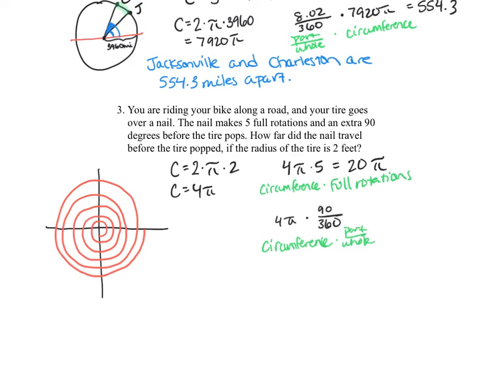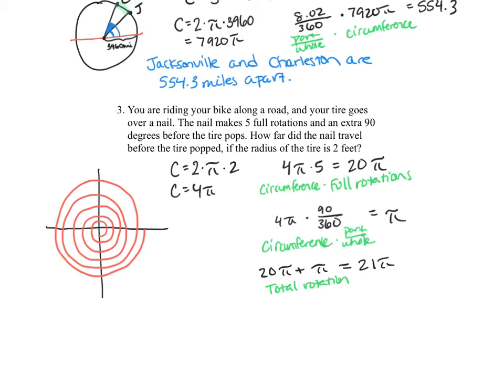We know that 90 degrees is 1/4 of our circle, but this is how we get that fraction. If we do that, that's going to give us just pi. So if we do 20 pi plus pi, to find the total rotation, that's going to give us 21 pi.